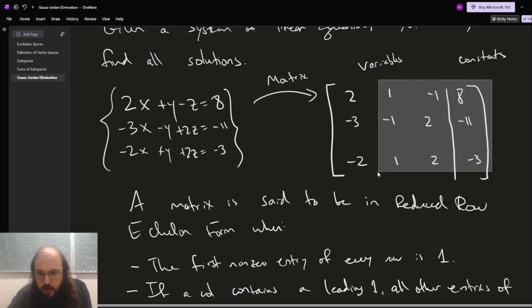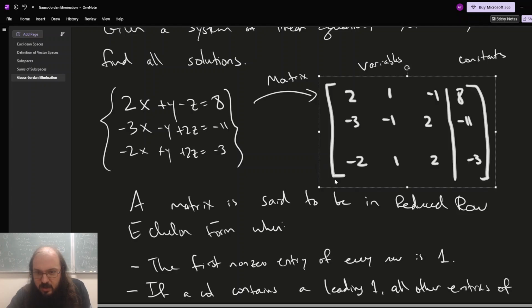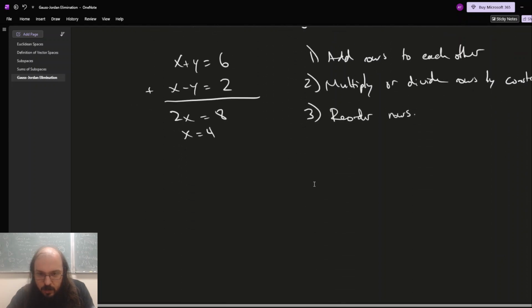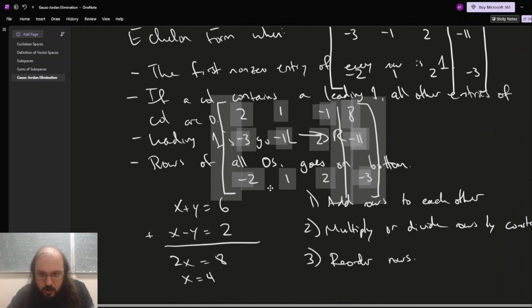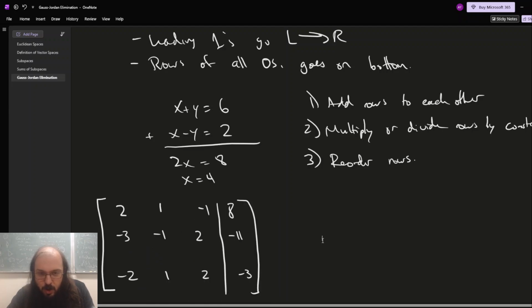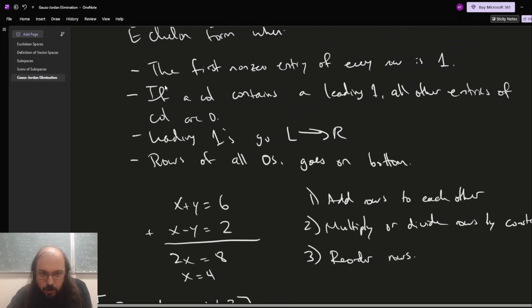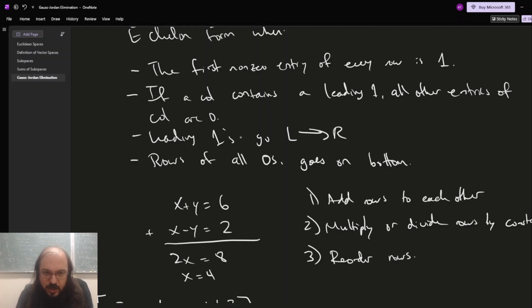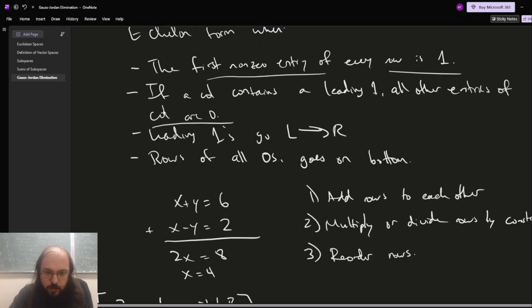So what we're going to do is copy and paste this, and then use our row operations to try to reach a state where this set of rules is enforced. And this set of rules, like I said, basically tells us what to do. I need to make the first non-zero entry of each row into 1, and then I need to clear out the corresponding column.